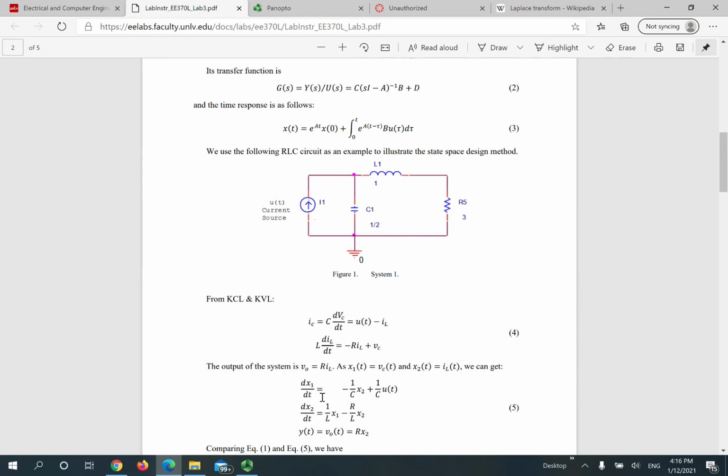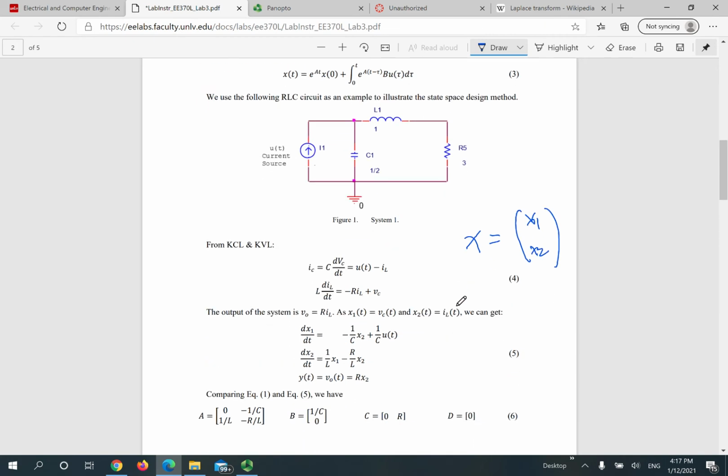By assigning VC equals x1 and IL equals x2 and converting this, we can write x as x1 and x2, and then write this equation like this.